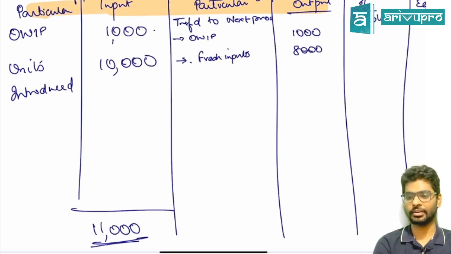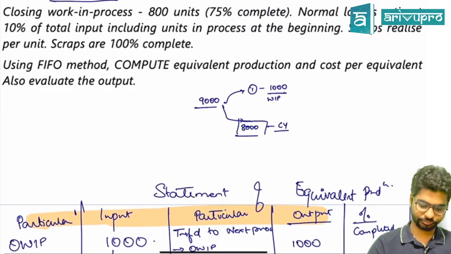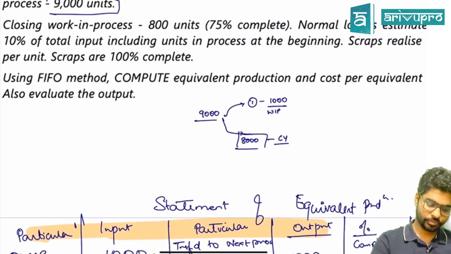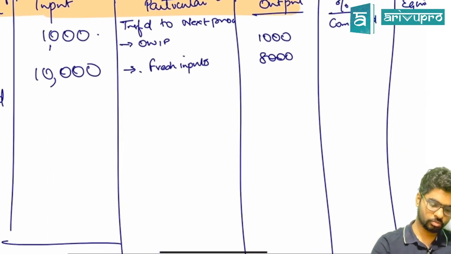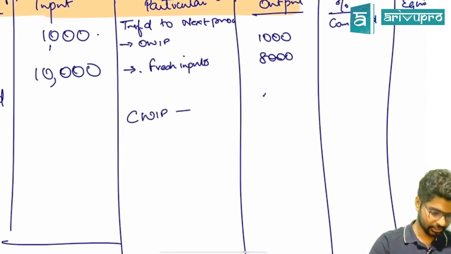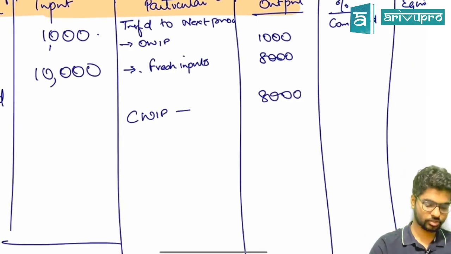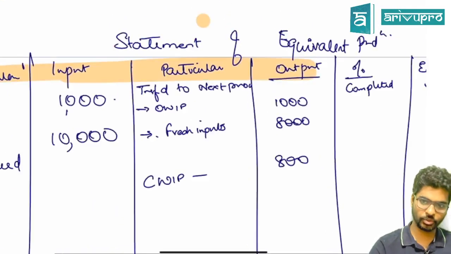Anyone, any doubt till here? Done? Then closing work in progress 800 units. So closing work in progress in my output is how many units? 800 units.